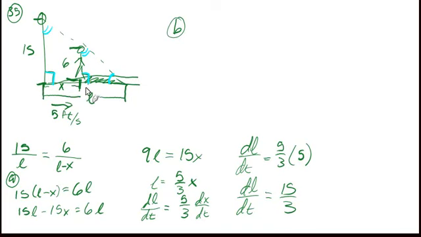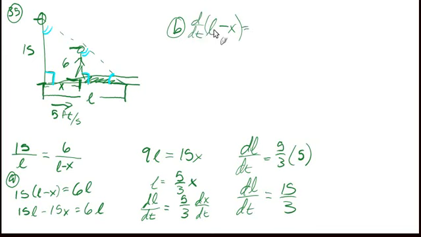Okay, we want to know something about the rate of change of this dimension. That's L minus X. All I know is that I want to know how fast this is changing. I want to know the derivative of this with respect to time.